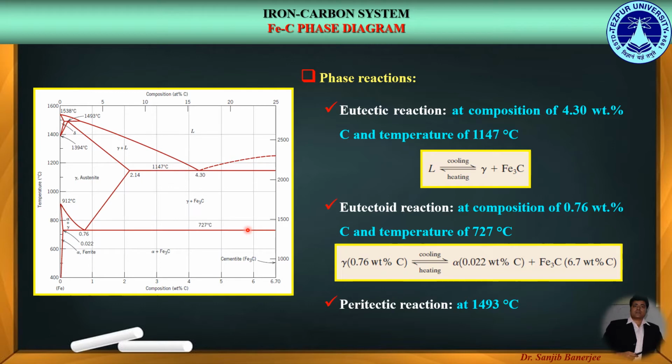The third phase reaction is a peritectic reaction at 1493 degree centigrade, where from the liquid plus delta phase on cooling we get the single solid phase of austenite. So these are the few significant phase reactions which are revealed in an iron-carbon phase diagram.